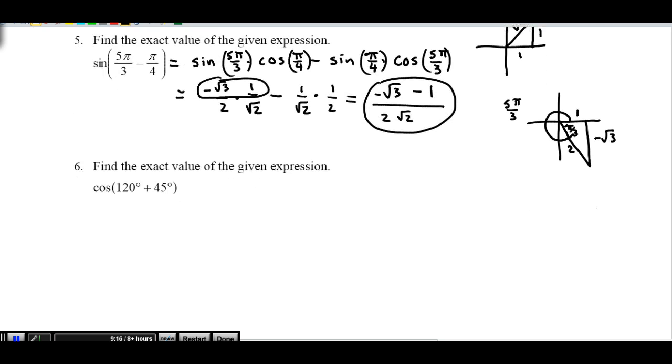And I'm going to try to squeeze in problem number 6 under 10 minutes. So this is the cosine of 120 times the cosine of 45 minus the sine of 120 times the sine of 45.